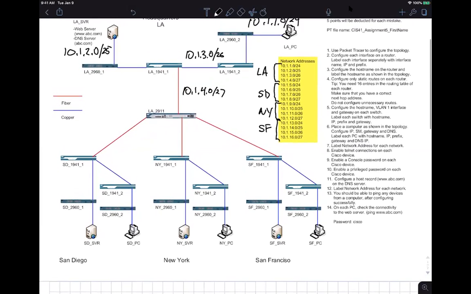So if we're going to follow this logic here, 10.1.8.0/27. Okay, and this point-to-point link to another router, 10.1.7.0/26.